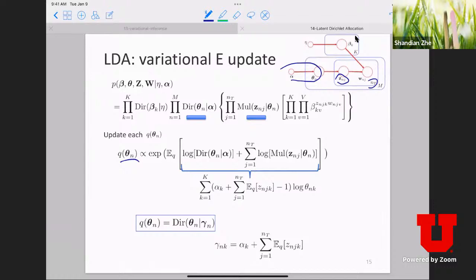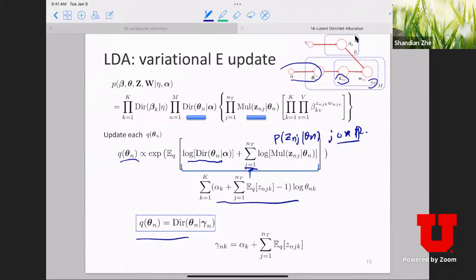So you need to take the logarithm of the prior of theta n and also the conditional probability of z n,j given theta n for all j belonging to document n. That's why there is a summation here. Again, it's just to involve the Markov blanket. And if you do this, take expectation and take the exponential, you'll find that this matches a Dirichlet distribution. And what you need to do is just find this coefficient, which corresponds to the parameter of the Dirichlet distribution you are updating the posterior with.